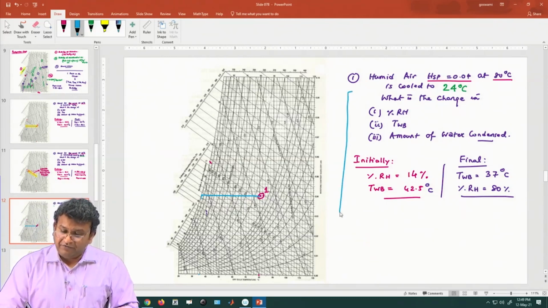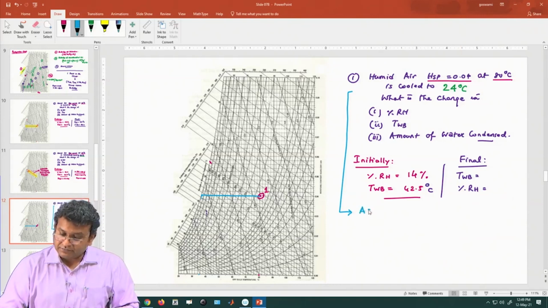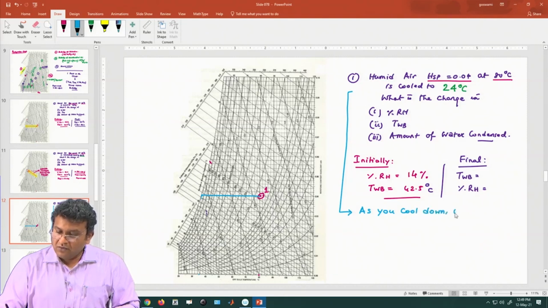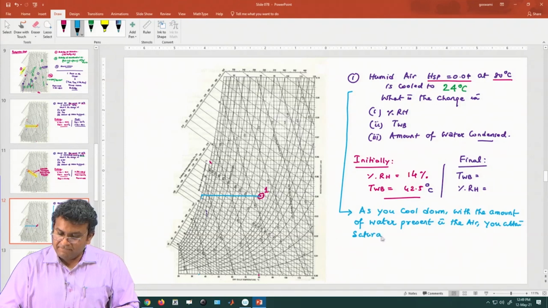This is a very interesting problem. This is not the final condition, sorry. As you cool down, with the amount of water present in the air, you attain saturation at 36 degrees centigrade.